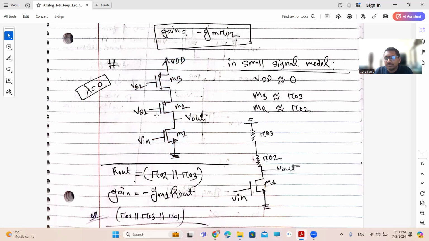You need to draw its small signal model, and you need to be able to find its gain, output resistance, everything.